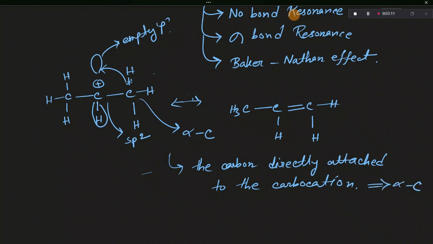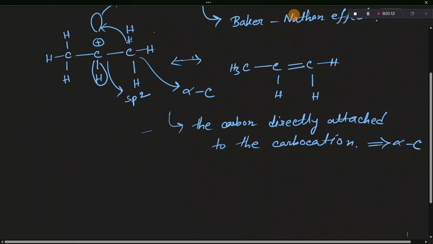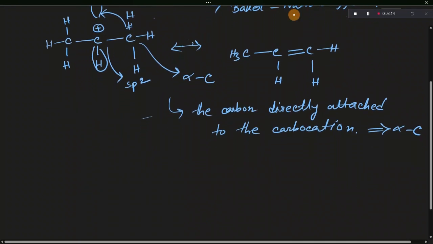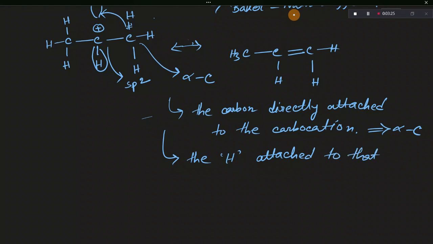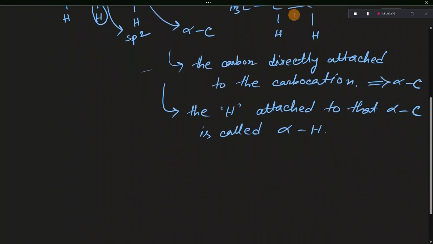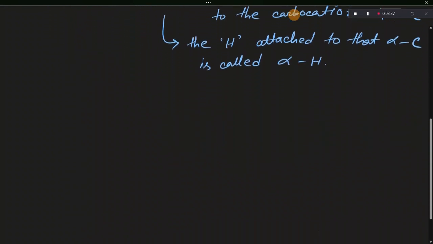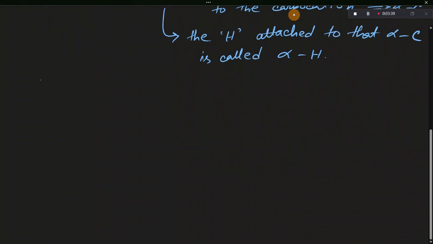And what is alpha hydrogen? The hydrogen attached to that alpha carbon is called alpha hydrogen, and this alpha hydrogen shifts and makes the hyperconjugating structures.